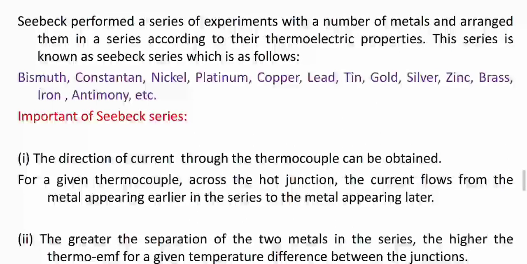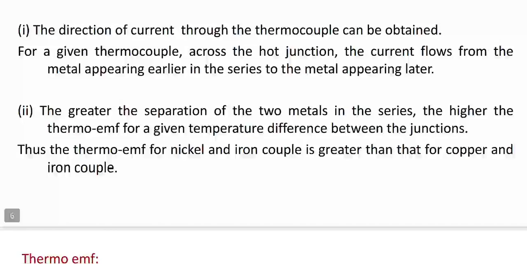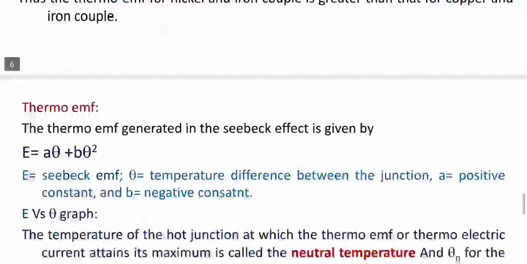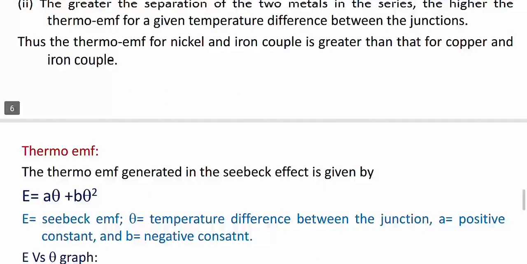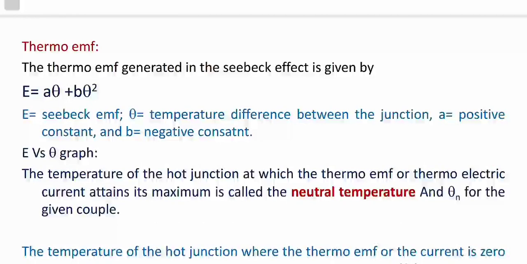That means the greater the separation between two metals in the series, the higher the EMF generated for a given temperature difference. Here it is also given that the thermo EMF for a nickel and iron couple is greater than for a copper and iron couple, because of their separation.